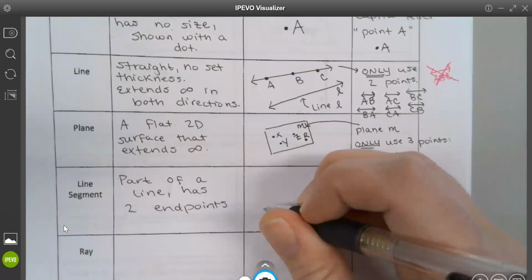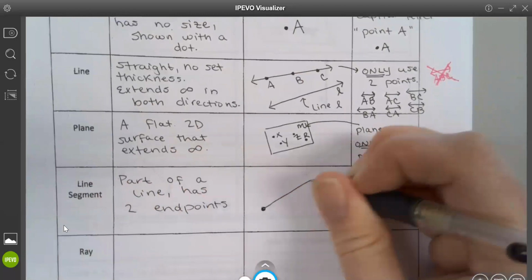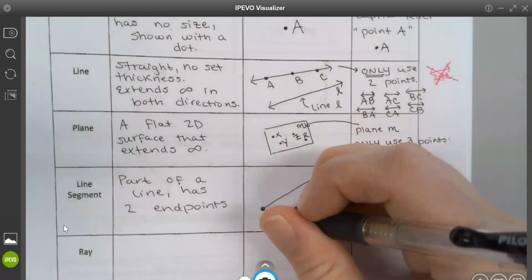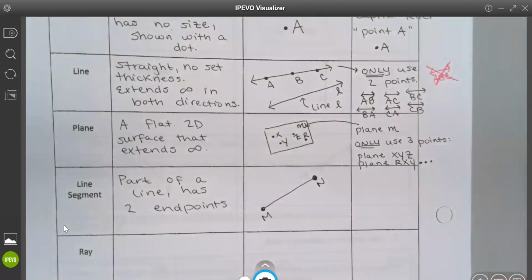I'm saying, I want to look from this point to that point. I want to look at this segment of the line. And we would label those points. So we would say, well, I only want to look from point M to point N.